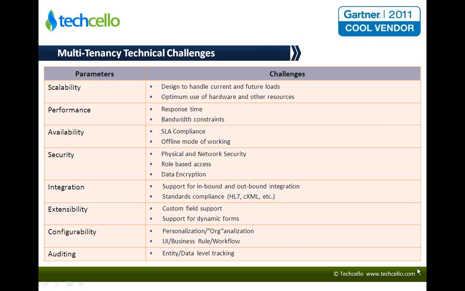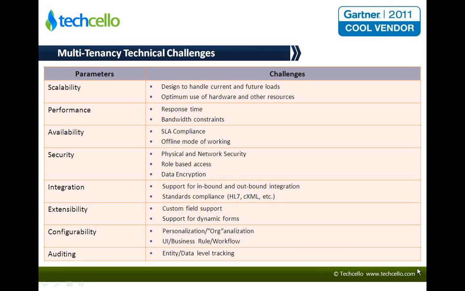Now security is one key aspect for the entire SaaS. Again, there are a few points in security which are more multi-tenant specific and a few which are rather SaaS specific, not applicable only to multi-tenant. Even for a single tenant application, it's applicable. So physical and network security is applicable for both multi-tenant and single tenant.